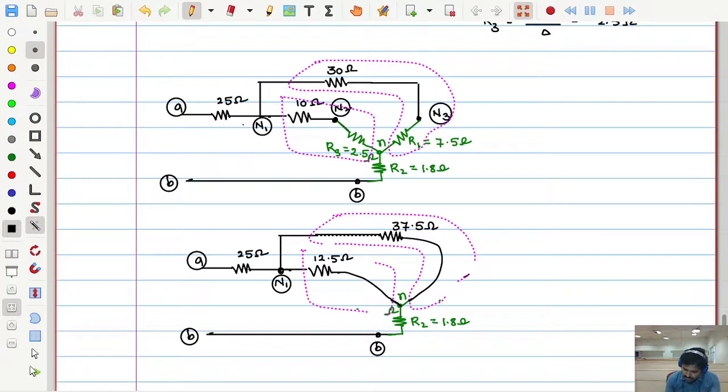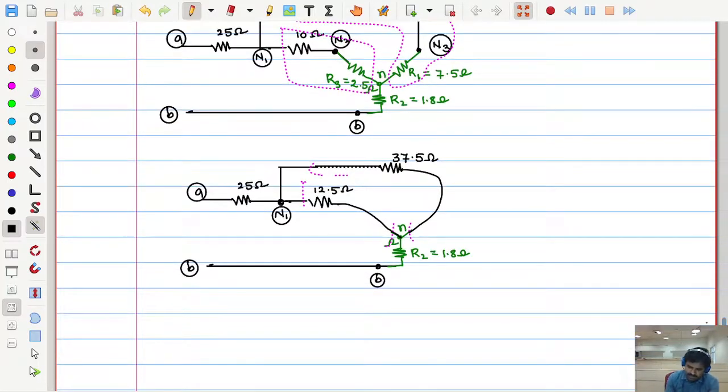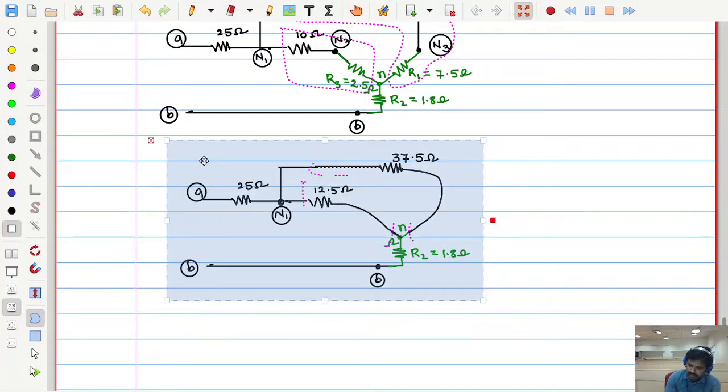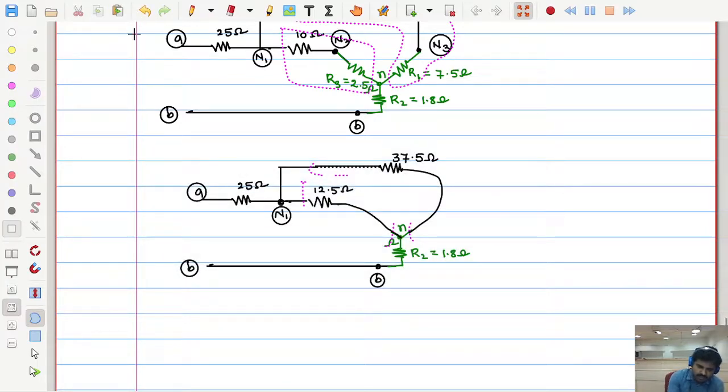Now just let me remove these segments to have some clearance. Now see what is the next task. Is there any series or parallel? Always you question it. Is there any parallel or series? Is there anything? No, sir. Is there any elements now? Any parallel?